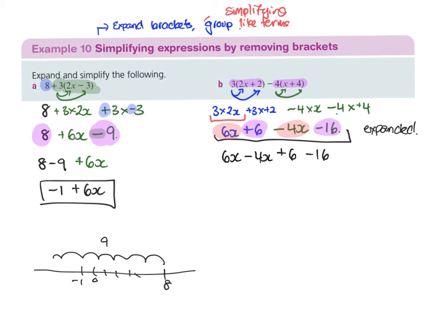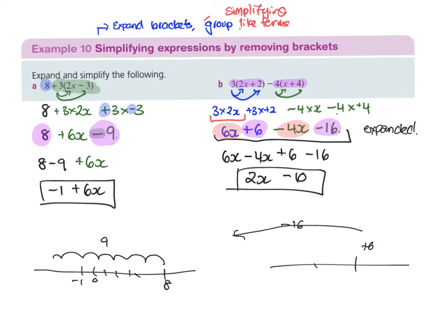Okay. So let's do the like term operation. What's 6x minus 4x? Yeah, beautiful. 2x. And then I've got positive 6. So I think I'm up here at positive 6, and I'm going to minus 16. So I'm going all the way back here. What will I be at? Yeah, minus 10, won't I? Excellent. And then there's our answer.